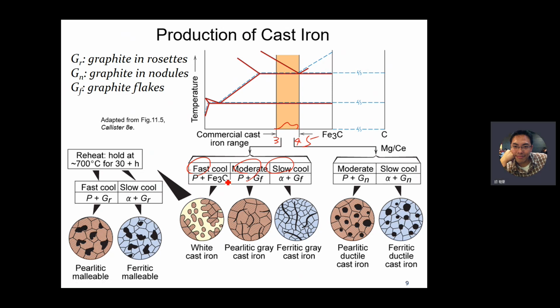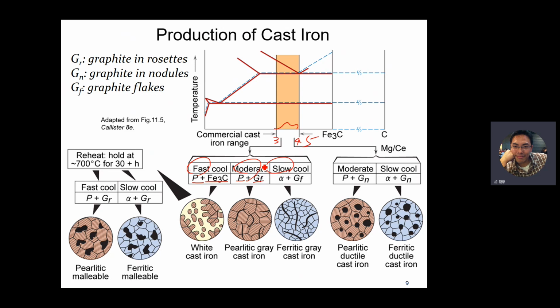For fast cooling, we already know that cementite forms, so the microstructure is pearlite and cementite. For the moderate cooling rate, the microstructure is pearlite with graphite, and the graphite is in flakes.